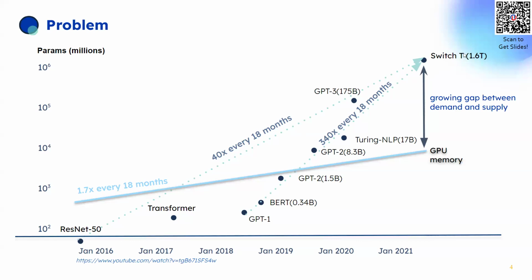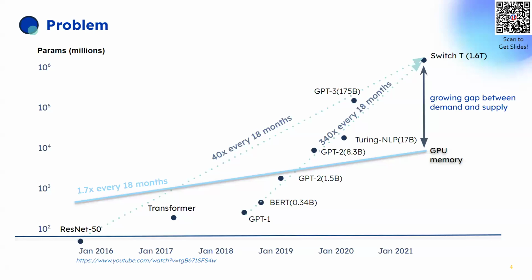And the Switch Transformer powered by Mixture of Experts (MoE) is also 10 times larger than GPT-3. So this Switch Transformer is 100,000 times larger than ResNet. You see, just 5 years, 100,000 times larger.